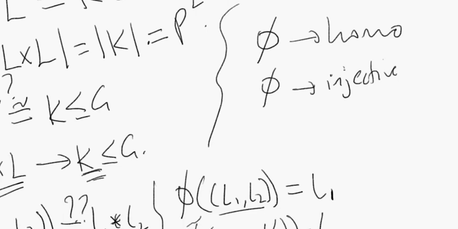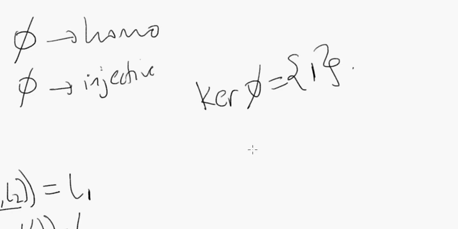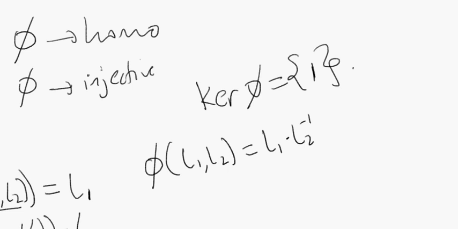So how would we check that? Well, one method seems to be to check that the kernel of phi actually equals the identity element, which for the group G isn't that just the element 1? Okay, well, let's see if that's true. What if we define phi of L1 L2 to equal L1 times L2 inverse, right?